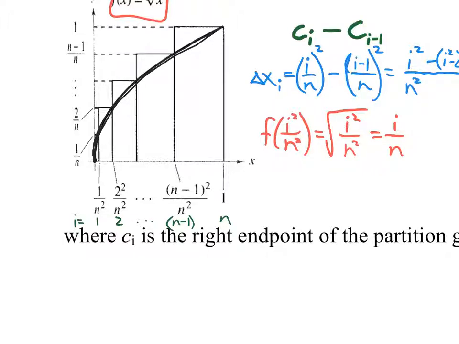So this x coordinate is actually c sub 1, c sub 2, here's c sub n minus 1, here's c sub n. So to find the width of any one of those, we'd have to do c sub 2 minus c sub 1, or c sub 3 minus c sub 2, or c sub n minus c sub n minus 1.